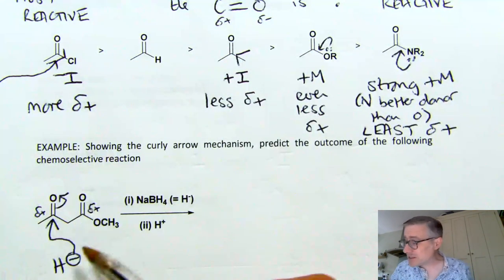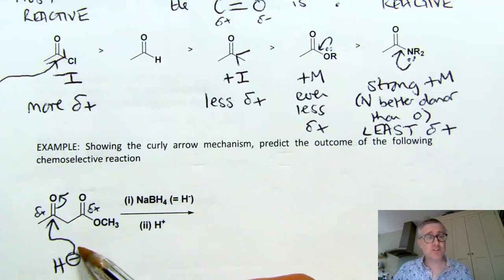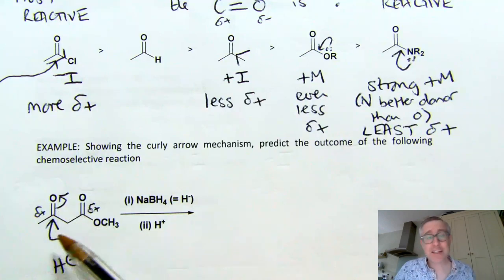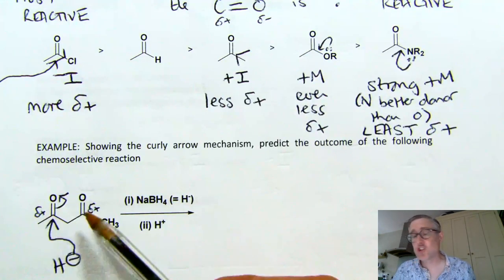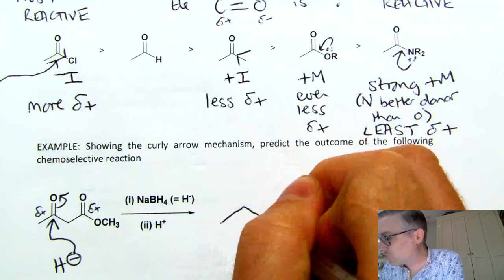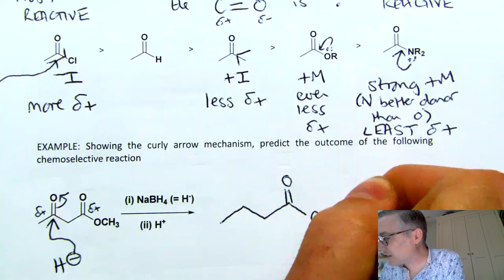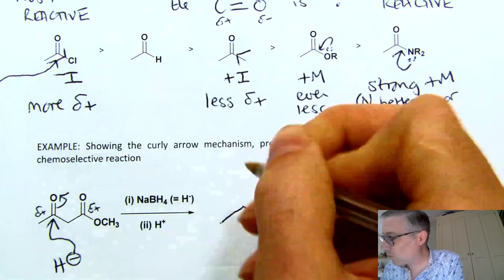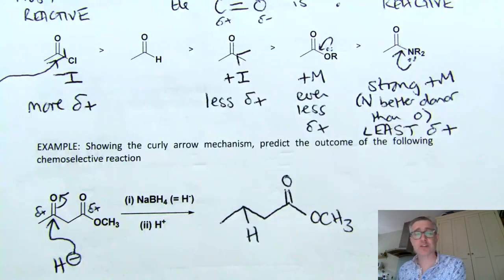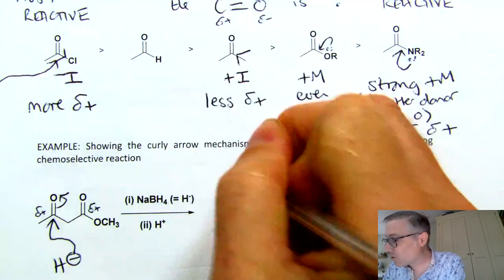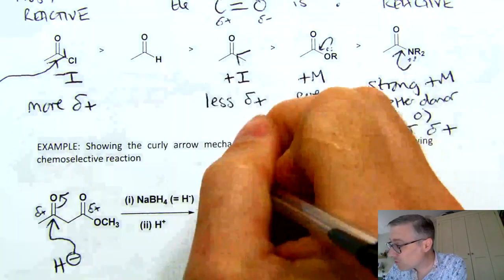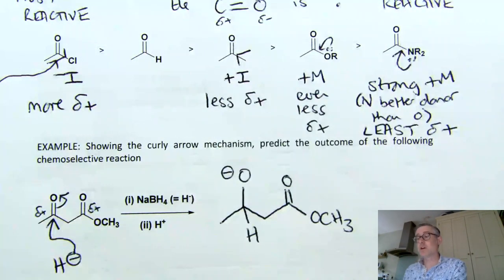So we're using the basic rules of mechanism, start on the negative charge, move it to a delta plus, flow the electrons somewhere good. It's just we had to apply a chemoselectivity choice in our decision making. If we draw out the product of that, what we have is a bond to the hydrogen formed where that arrow is. That's what the arrow means. We've broken the double bond to oxygen, turning it into a single bond, and we've moved the electrons onto the oxygen.